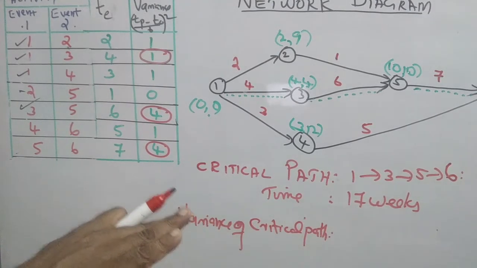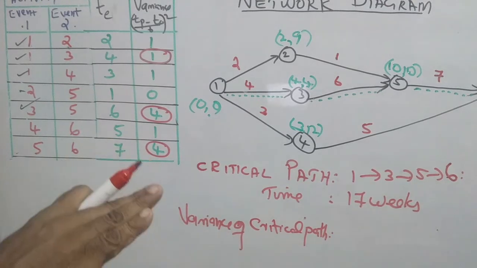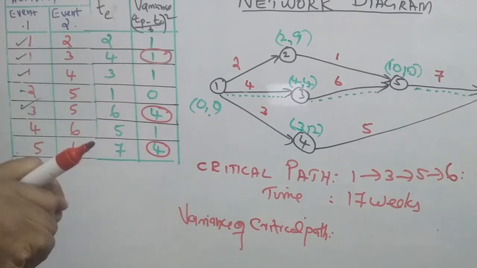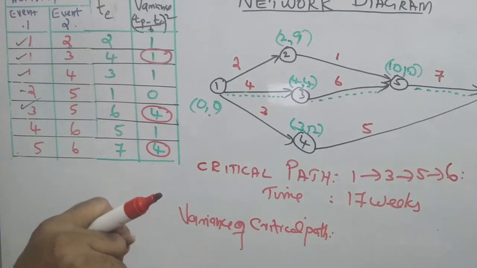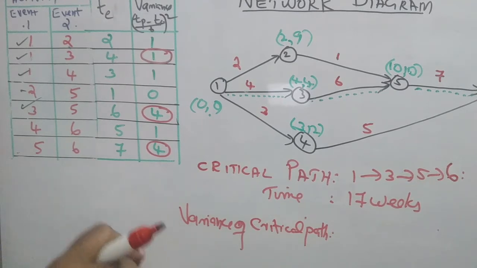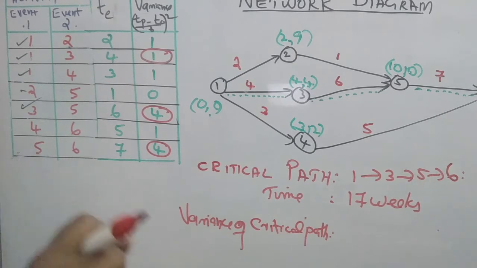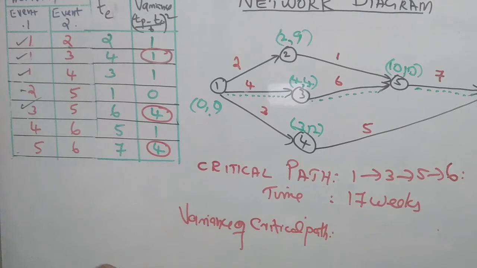This is the ordinary question in all PERT CPM problems: determine the critical path. Then here is one more in PERT: calculate the variance. Since it is a probabilistic problem, the variance of the critical path is necessary. The variance of the critical path is the sum of the variances of critical activities, where variance is (TP minus TO by 6) whole square.